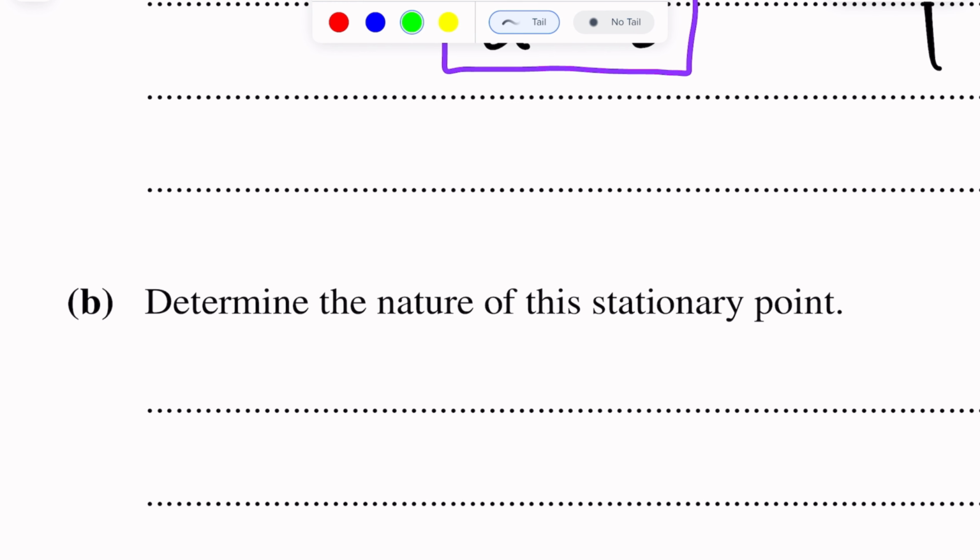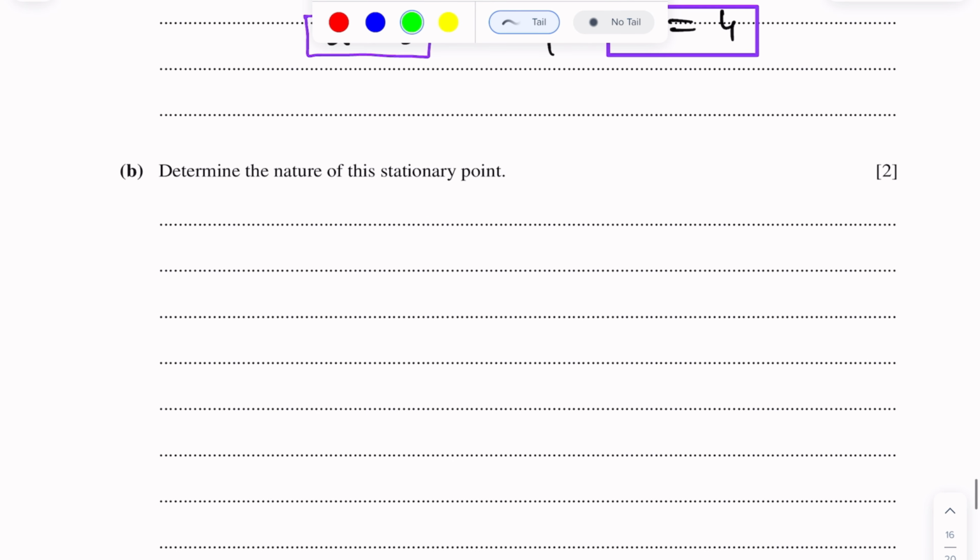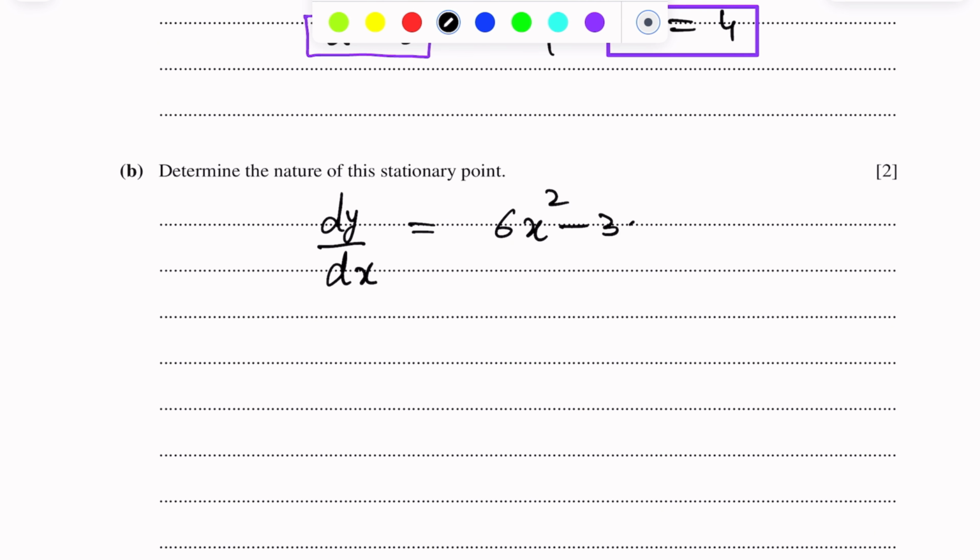Now part B of this question is determine the nature of the stationary point. Nature of the stationary point means if this stationary point is maximum or minimum. For this we have to take the double derivative. The single derivative dy over dx is 6x square minus 30x plus 24.